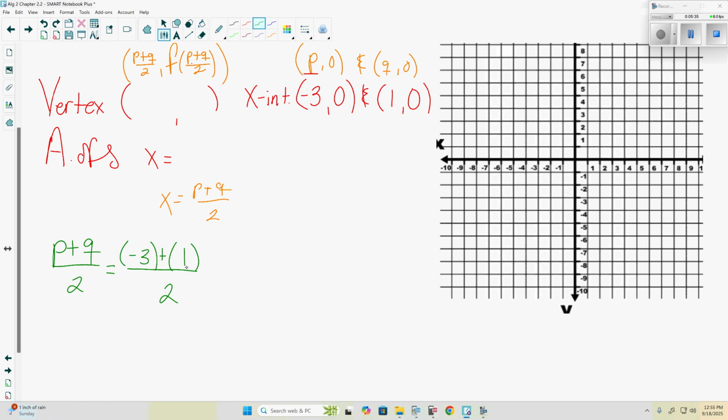Negative 3 plus 1 is negative 2. And negative 2 divided by 2 is negative 1. So we'll plug it into the two spots where p plus q over 2 is. The x value of the vertex and what our axis of symmetry x is equal to. So x equals negative 1, and we have negative 1 in the x spot of the vertex.